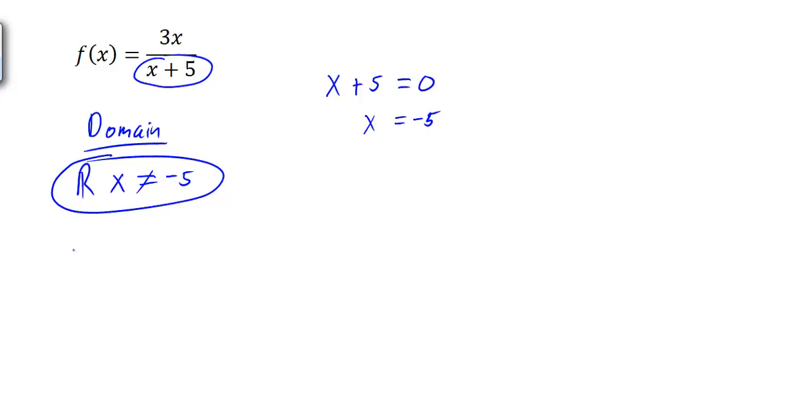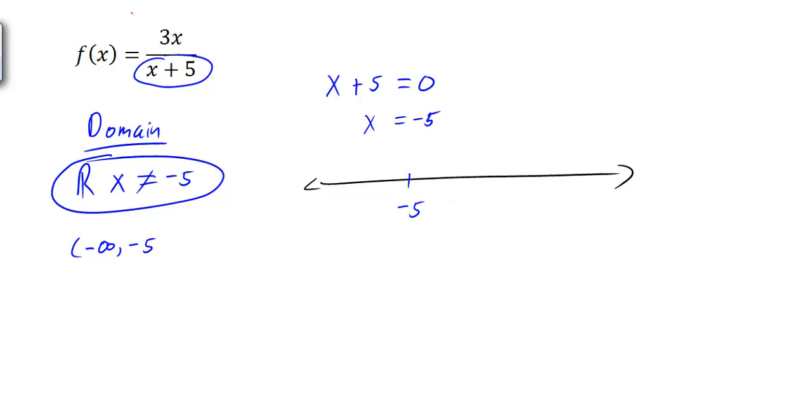Or we could write it in interval notation. We could say it's going to be negative infinity all the way up to negative 5. So if we think of this maybe on a number line here, we know that our domain is anything except for this negative 5. So this negative 5 is not part of the domain.